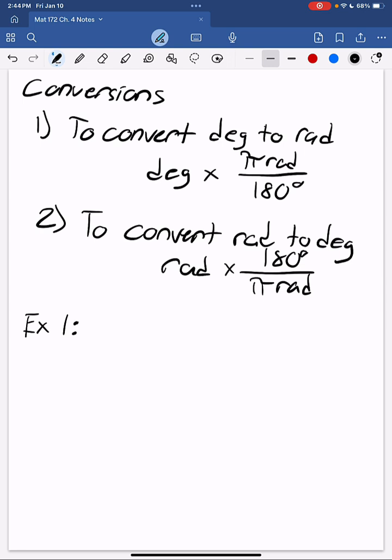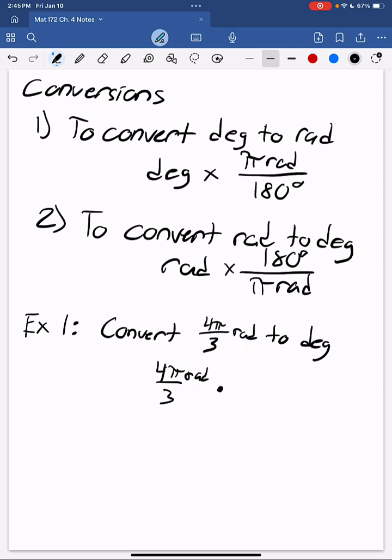Let's convert 4 pi over 3 radians to degrees. I take 4 pi over 3, and since I'm in radians, times 180 degrees over pi radians.